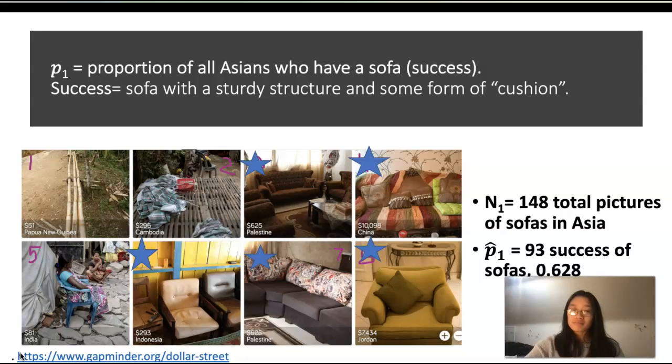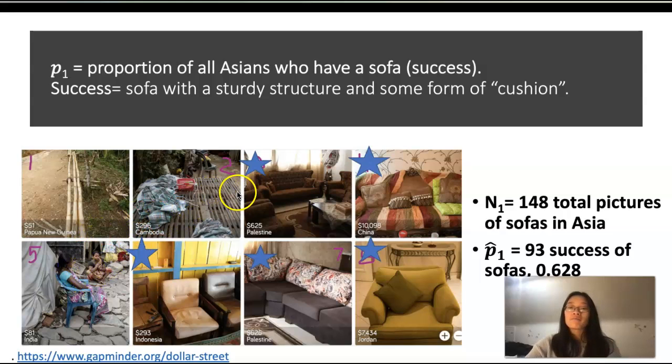My P1 is the proportion of all Asian families who have a sofa, which would be considered a success. In this case, as you can see, picture 1 is not a success because there's no sturdy structure or any form of cushion, as well as picture 2 and picture 5.